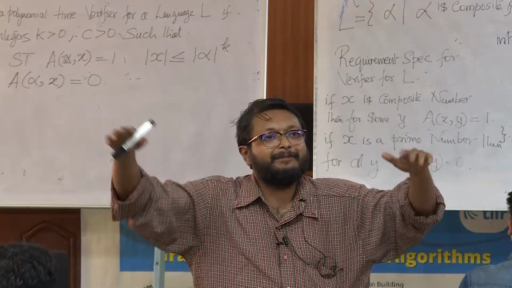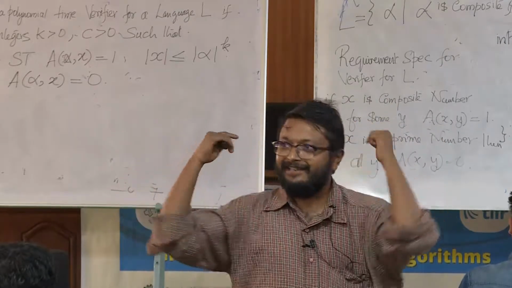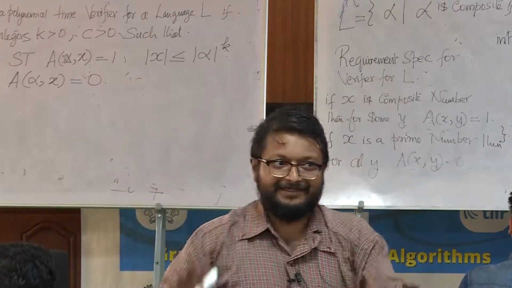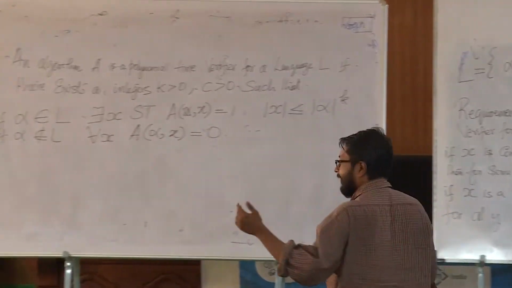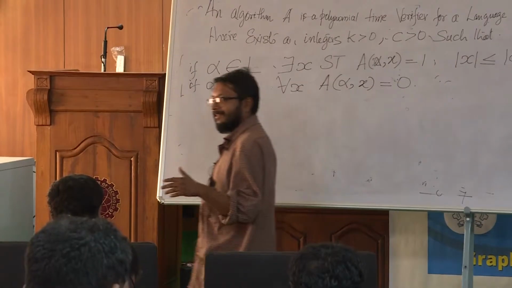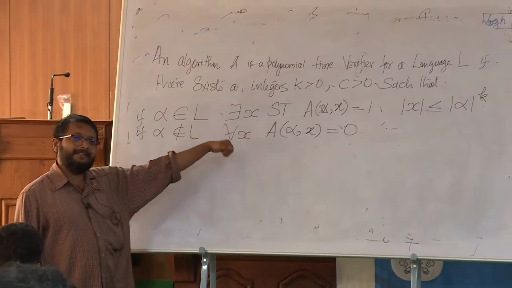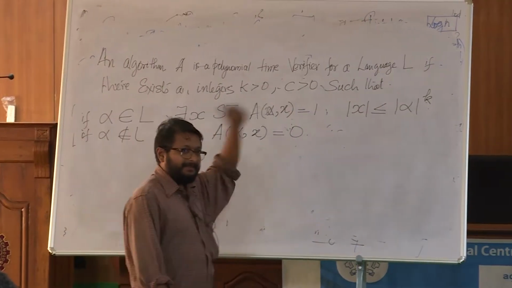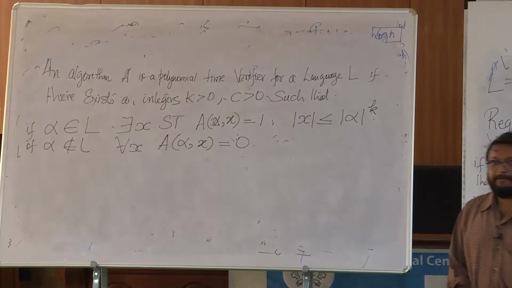So, the first check is whether the proof is exceeding this length. Immediately I can say okay, otherwise I will reject. So, I do not have to write for all proofs of length up to this. I can make it every proof. If alpha does not belong to L, I can design the algorithm so that it rejects all fake proofs or false positives. Okay.